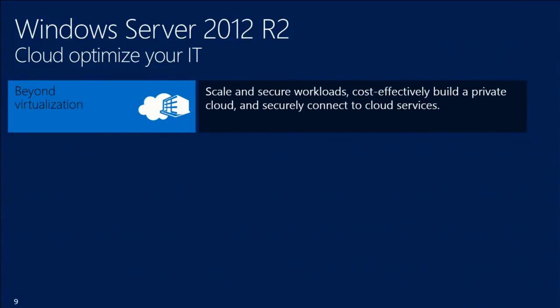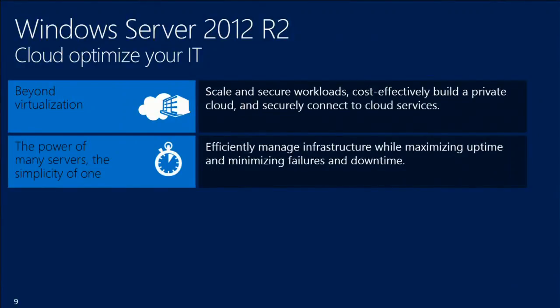For Windows Server 2012 R2, to help you cloud optimize, the four key tenets are: we want to go beyond virtualization. We're not just talking about taking your physical OSs into a virtual OS, but providing you a cloud solution that gives you the scalability, the ability to pool, and the multi-tenancy that you need to secure your workloads and run them in a cost-effective manner.